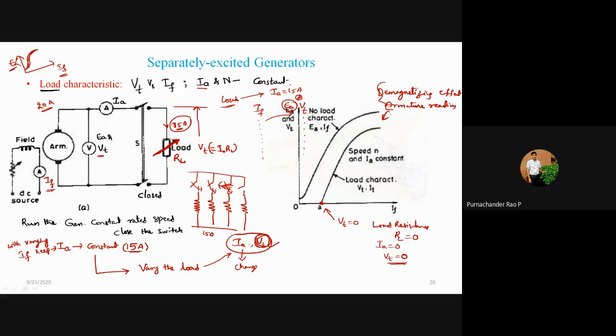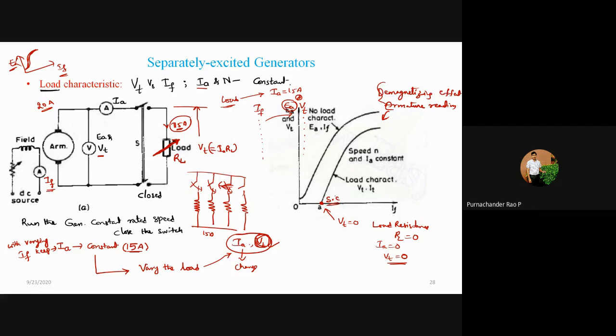Is it clear? Yes, sir. Okay, so here the terminal voltage is zero, which is nothing but the load resistance is zero. That means the load is short circuited. There is no load resistance. Is it clear?